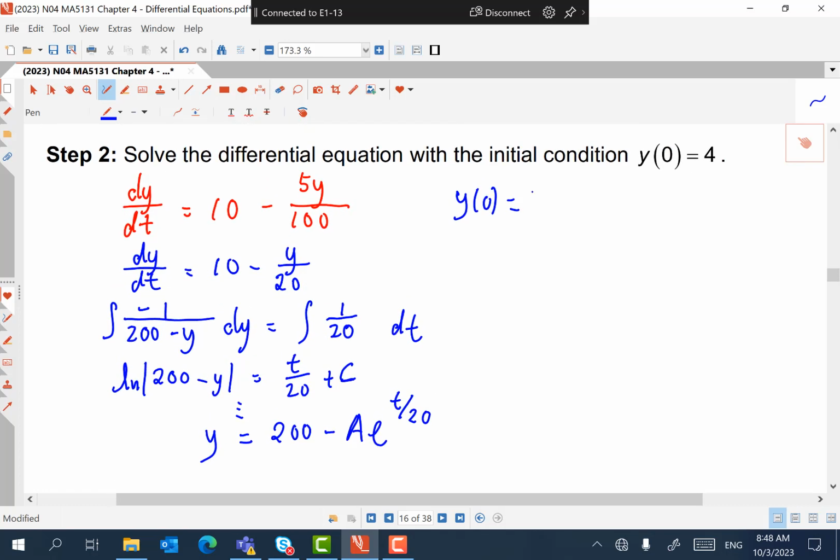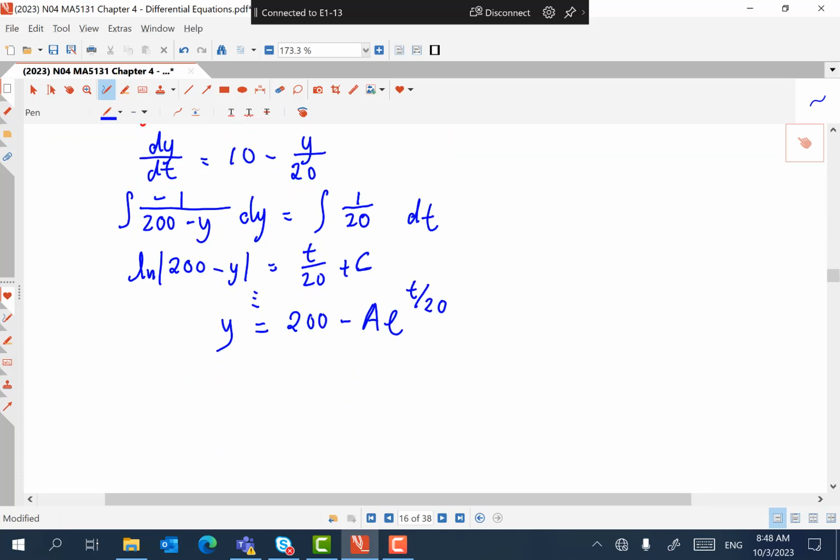It's 4, right? Using the condition, when t is 0, y is 4. Okay, Zoe, what do you think is A? You say 196, right?